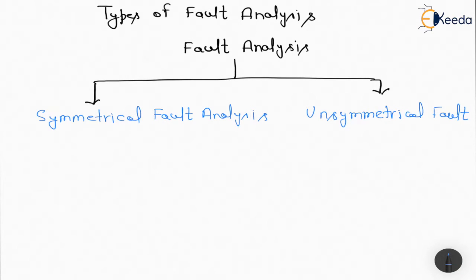The second classification is based on symmetricity. We can divide fault analysis into two parts: symmetrical fault analysis and unsymmetrical fault analysis. So we must understand what symmetrical fault analysis is.